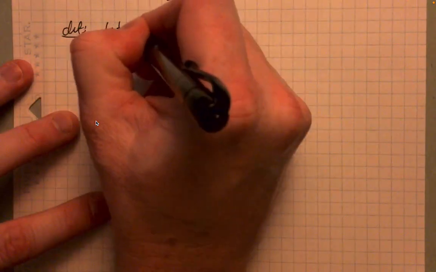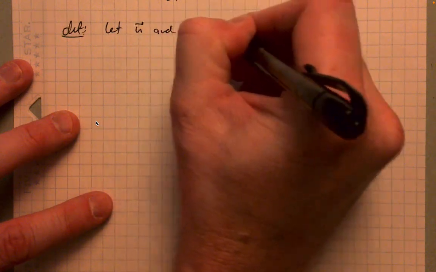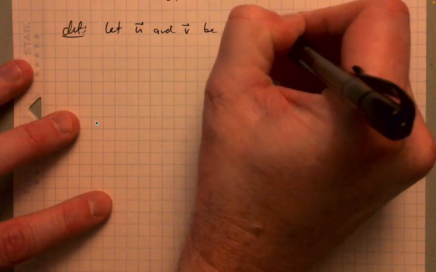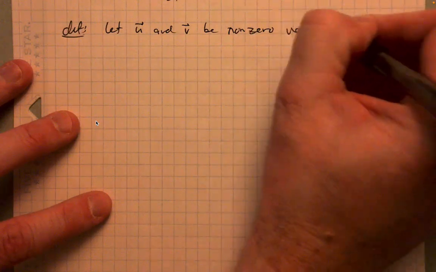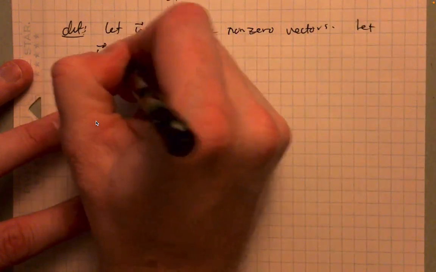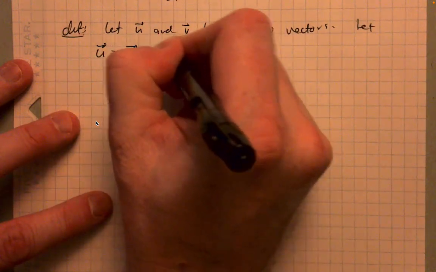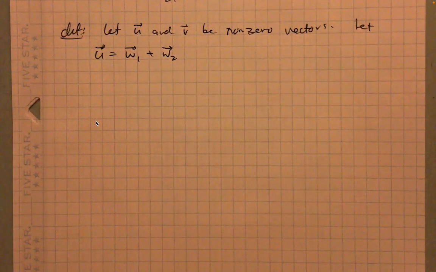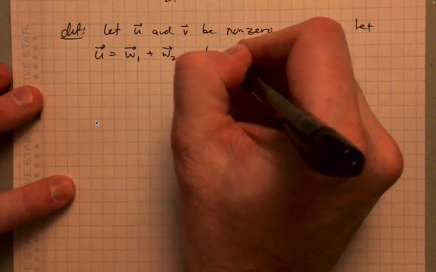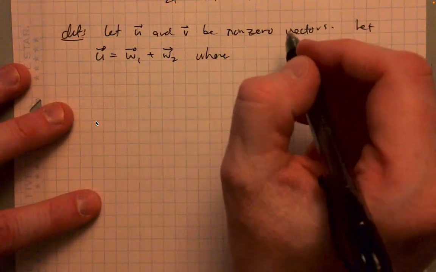This is going to be the projections of vectors. So let u and v be non-zero vectors. Let u equal w1, a vector, plus w2, another vector, where these w1 and w2 have properties relative to v.